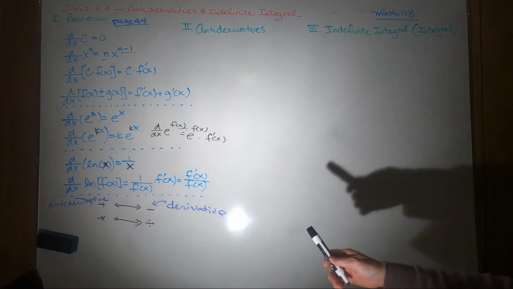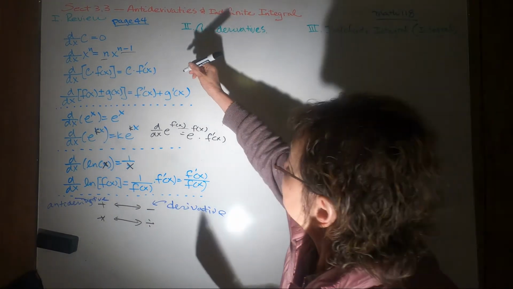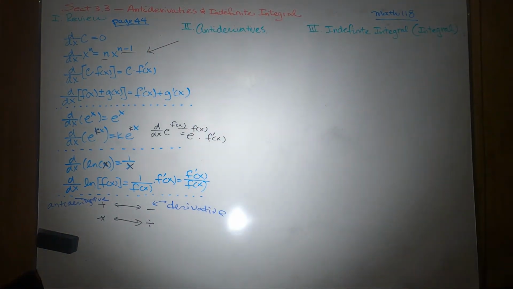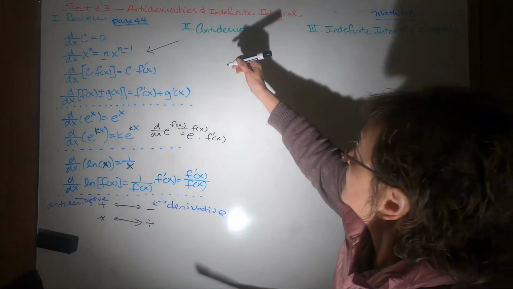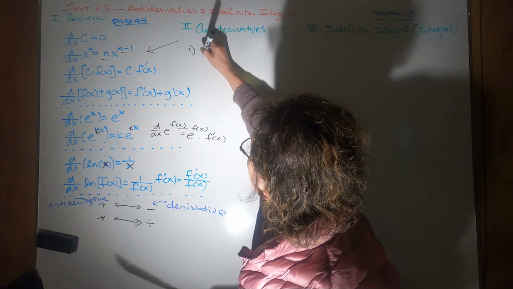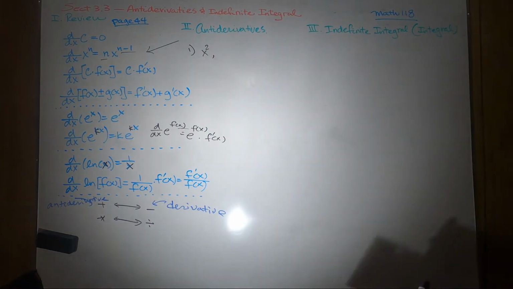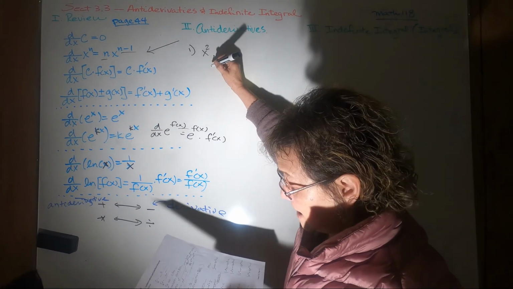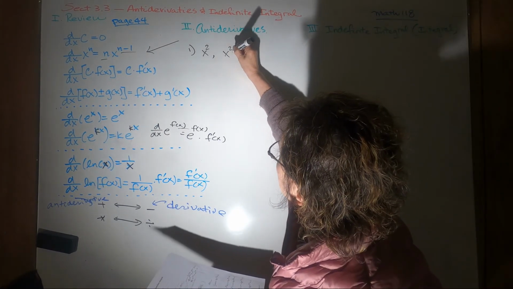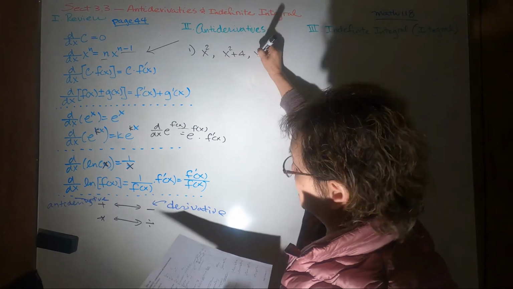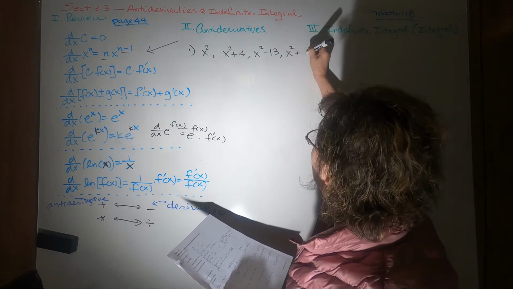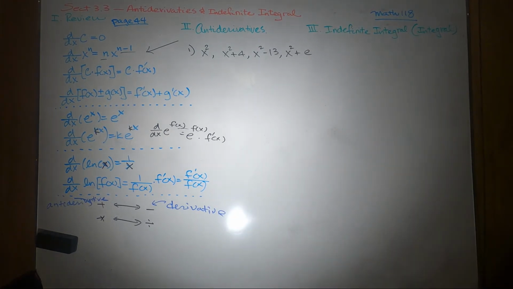Then let's just see some examples first for the polynomials. Okay, so if I have a situation like this, a polynomial to the second power, like x squared plus 4, or x squared minus 13, just an x squared term and some constants.